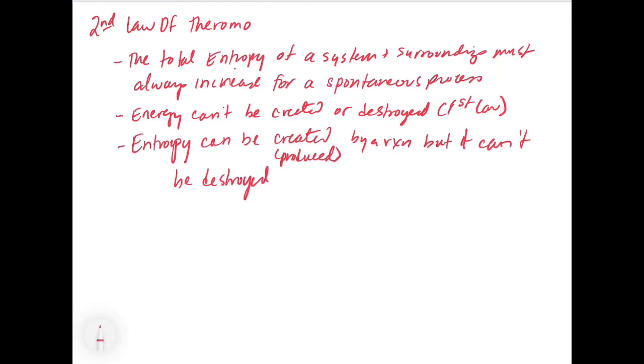So entropy is a one-way ticket. You can only make entropy, meaning you can only make a system, and a system and its surroundings, more disordered. So even if you have a process where you make the system more ordered, the surroundings will still get more disordered overall.